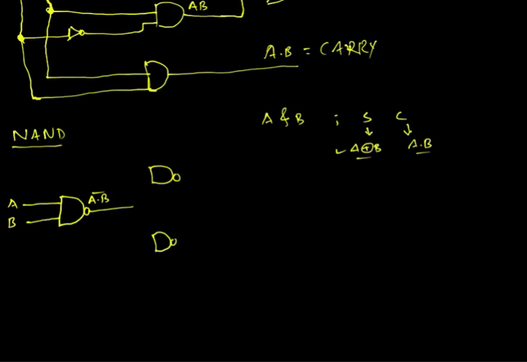Here one of the inputs to these NAND gates is the output of the first NAND gate, and the other inputs are the actual inputs of the circuit itself.